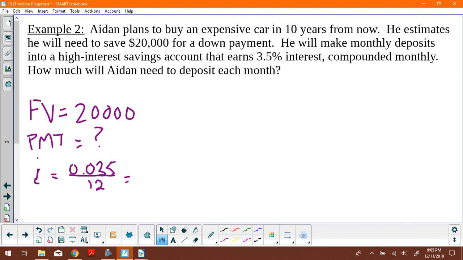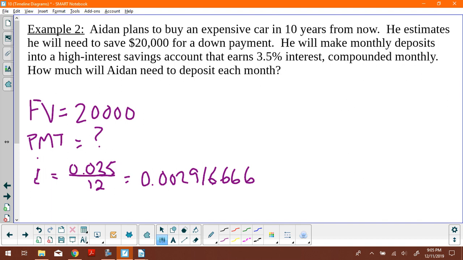Now, this one does not work out quite so nicely. So we have 0.0029166. I was mentioning this yesterday, I think: when you have a fraction that doesn't reduce nicely, that's a long decimal, you should keep as many decimal places as possible in your calculations.